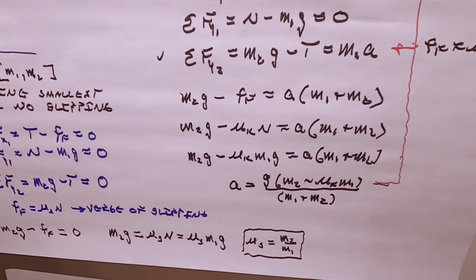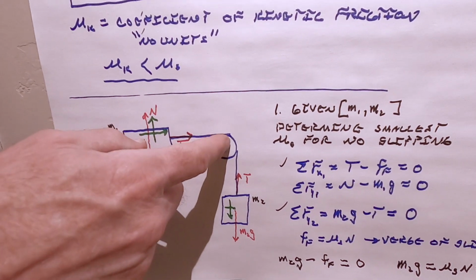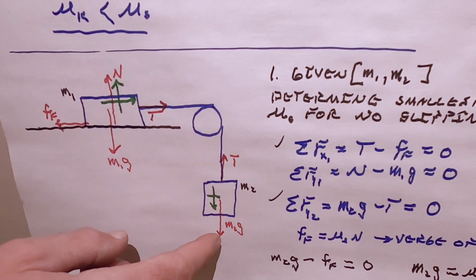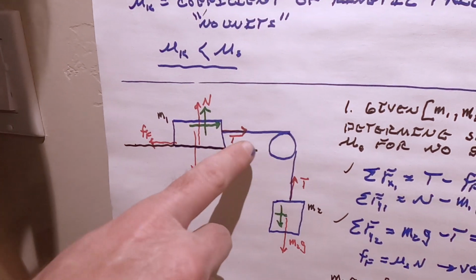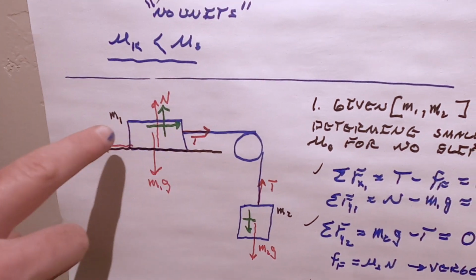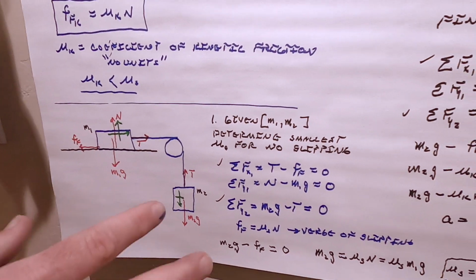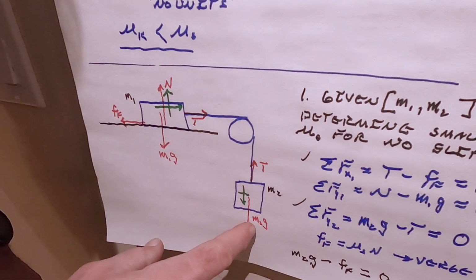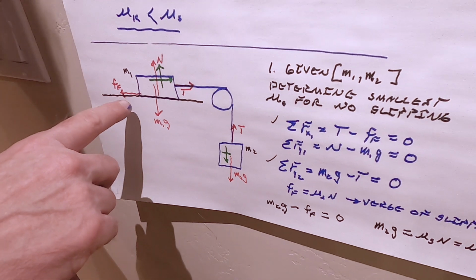A is less than G. And I know this block isn't going upward right here, so I know that the tension better be less than M2G. And over here, since this is accelerating this way, I know that T better be bigger than the frictional force too. So one way to check the answer is when you solve for T, it should be less than M2G, and it should be more than the frictional force.